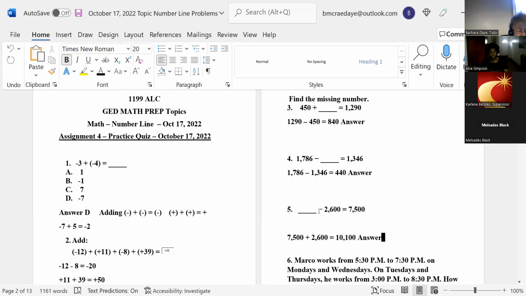No, you're not adding. That's a subtraction. No, just to prove if I was right. But you don't prove it by adding, because whatever number you got here, you got to put it in this blank. So your 4,900 minus 2,600 does not give you 7,500. That proves the number is wrong, Mercedes.